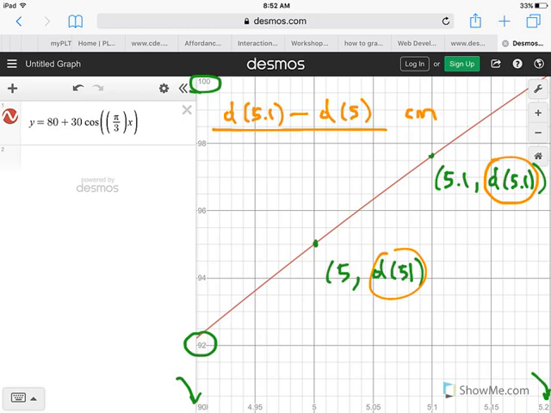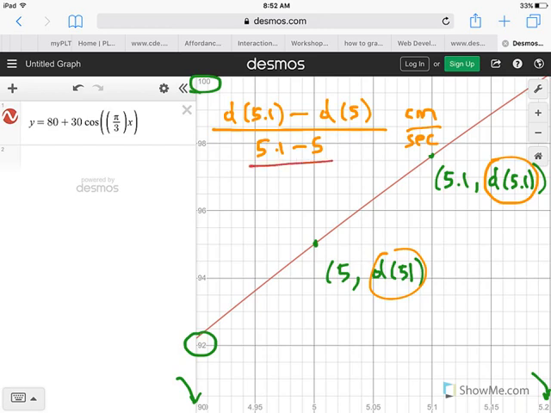So that's the change in distance from the wall. Divide that by the change in time, which would be measured in seconds. So this is the average rate of change of the distance the pendulum is from the wall with respect to time, on the time interval from 5 to 5.1 seconds.